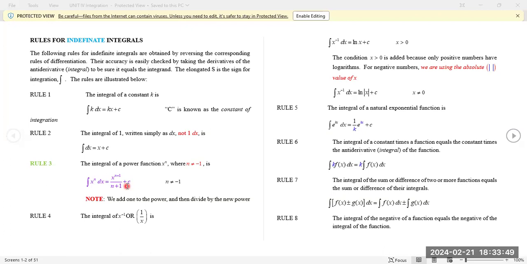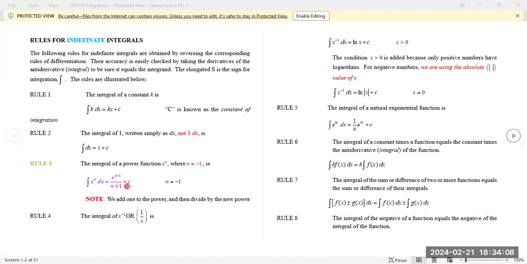We don't know what the constant is, so we just put that plus c. Once we're given more information, we should be able to find the exact value of c.